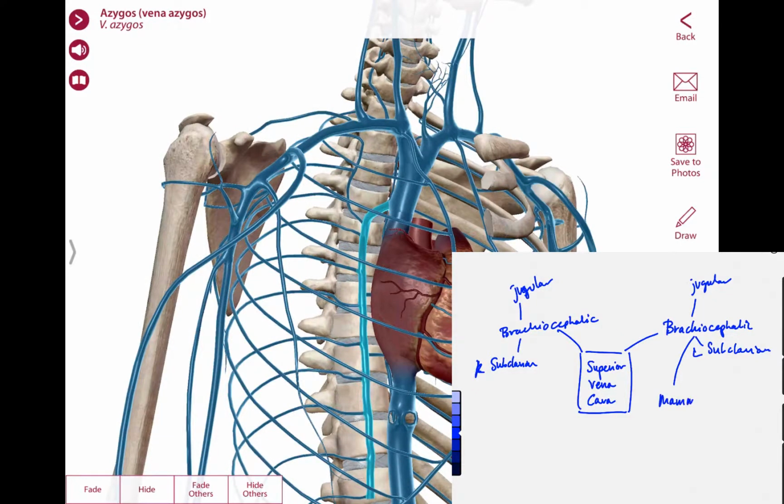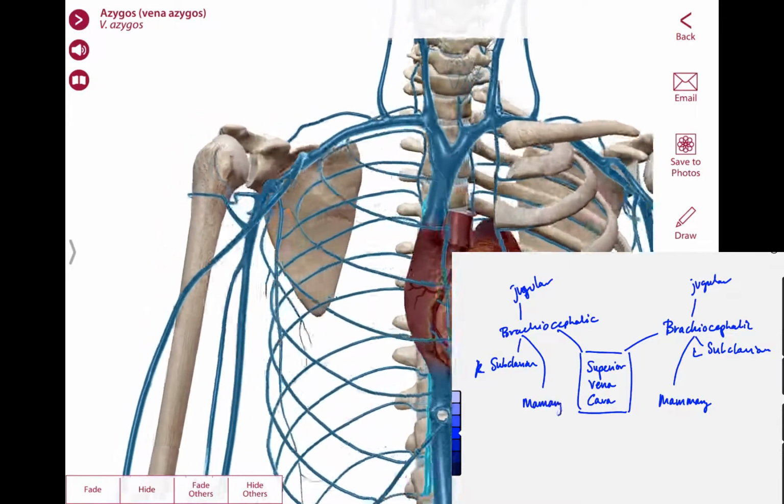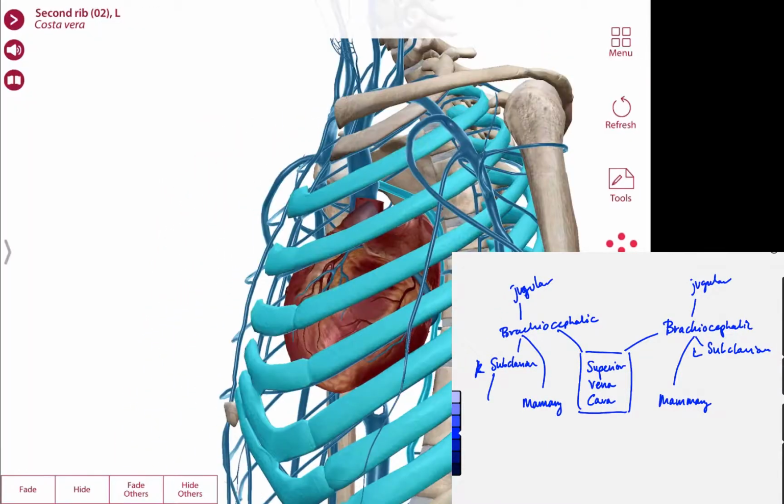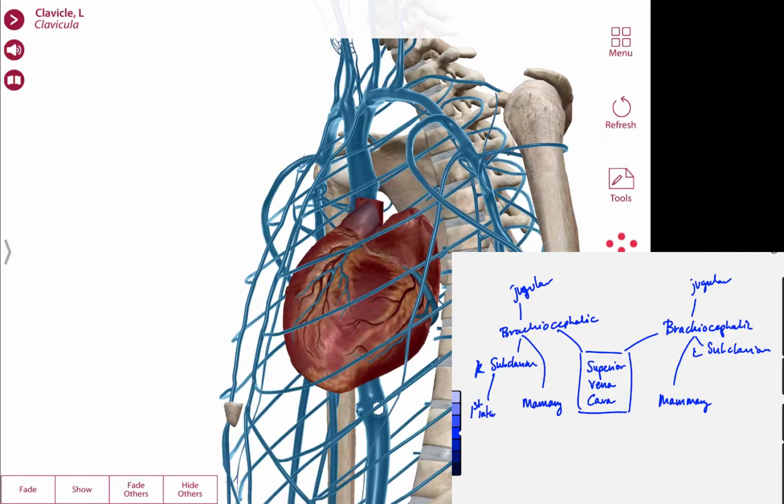On the right side and on the left side, and now I'm going to have to get rid of some structures. On the left side, it's going to go into either this hemizygous or accessory hemizygous structure.